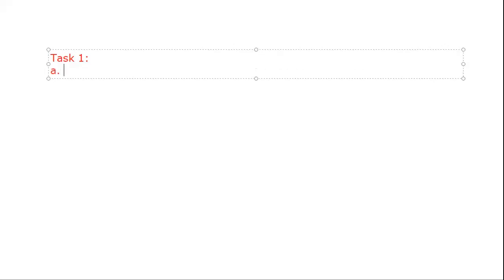So the first part was when we have fractions. This is comparing fractions, with the same denominator.